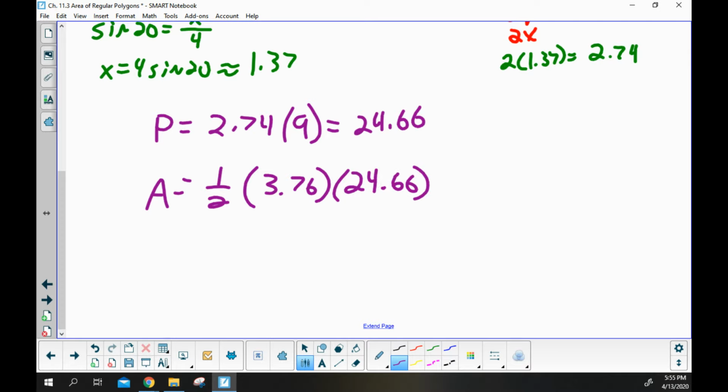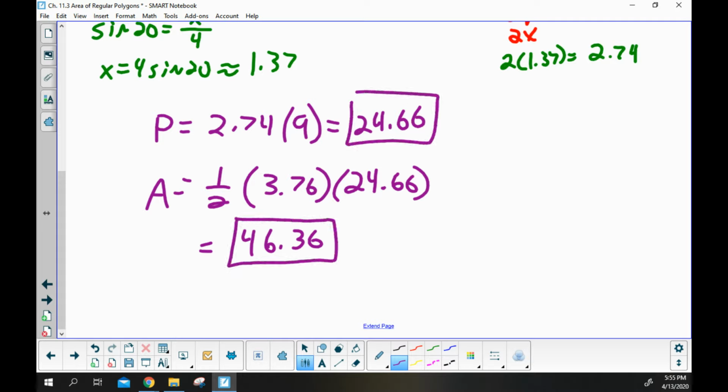And we see that my area is 46.36. So those are my two. Perimeter up there, 24.66. The area is 46.36. So you see we use cosine and sine for this one.